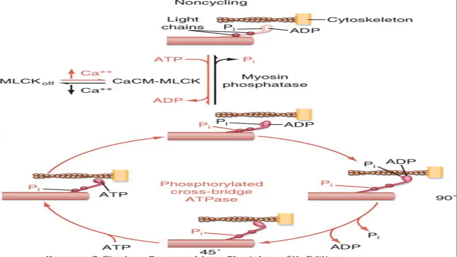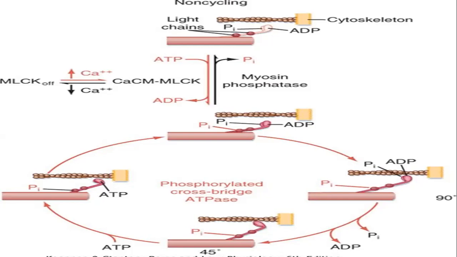Attachment to actin depends on phosphorylation of the cross bridge by a calcium calmodulin dependent myosin light chain kinase, MLCK. Phosphorylated cross bridges cycle until they are dephosphorylated by myosin phosphatase.